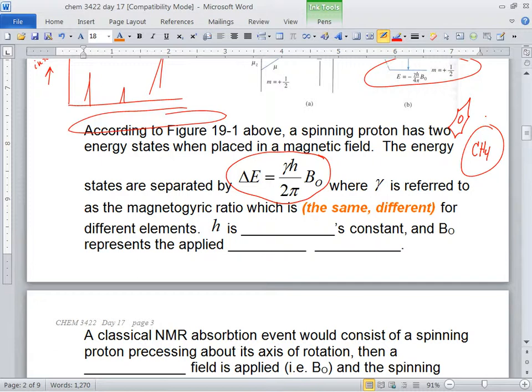So protons in different chemical environments, right? If I have CH3, CH2, CH3, what's the name of this? Propane, right? So I've got two methyl groups, one on each end. Do those have identical protons?